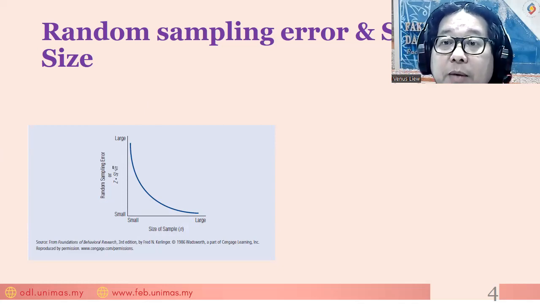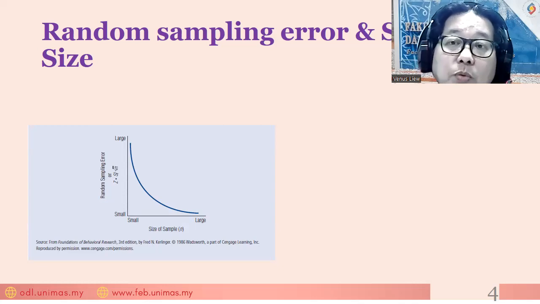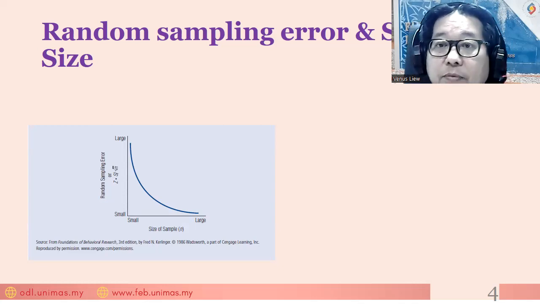We cannot eliminate it, but we can reduce it by having a large sample size. Whereas systematic error is due to design or execution, so that error can be totally reduced to 0 if we have perfect design and also proper execution of the study.